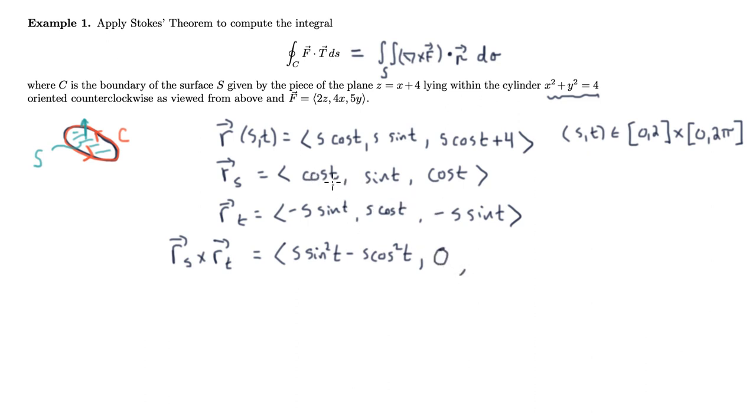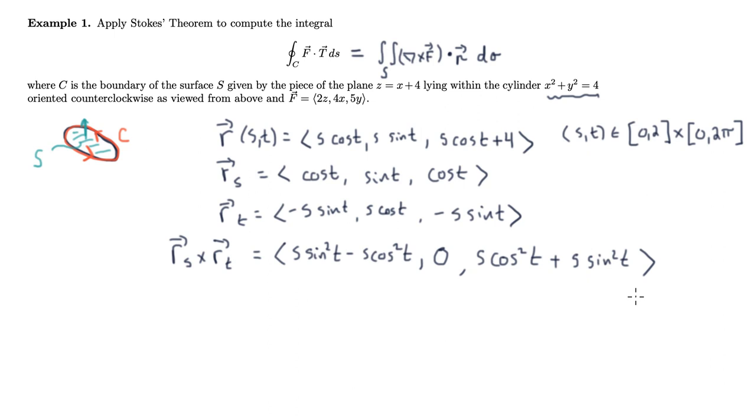Then finally we'll have s cosine squared t, and then plus s sine squared t.